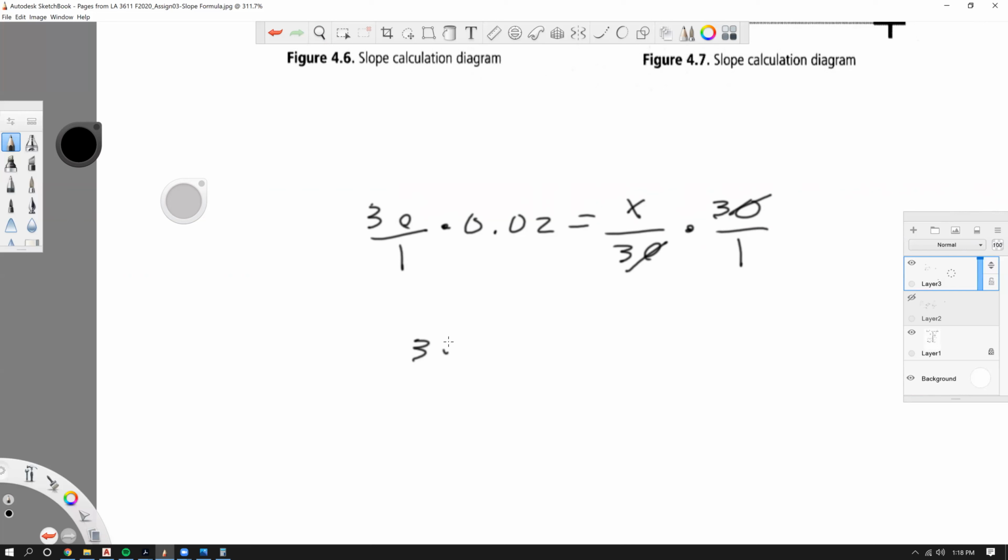So you have 30 times 0.02 equals X over 1, or just X. So X equals 30 times 0.02, which is 0.6.